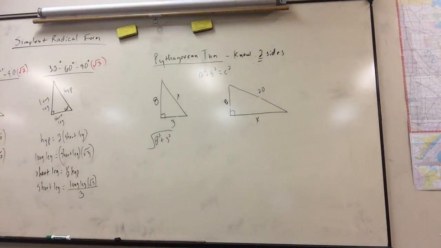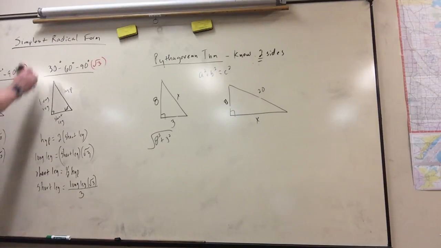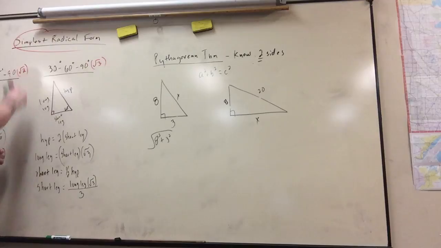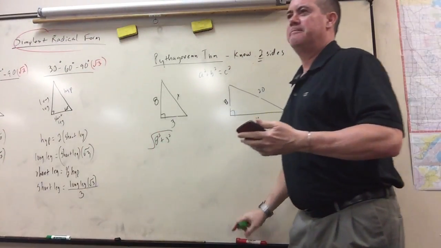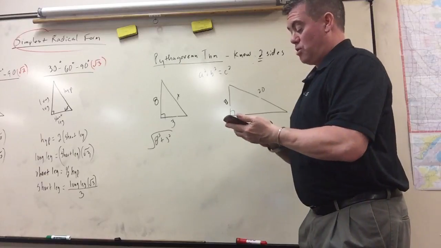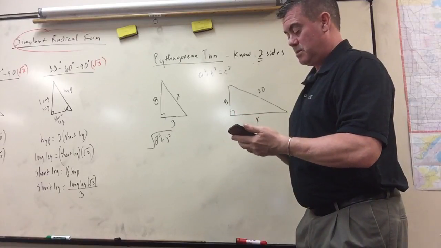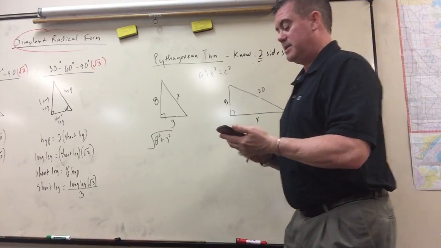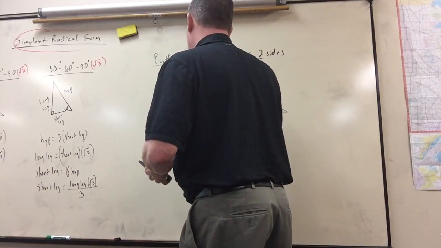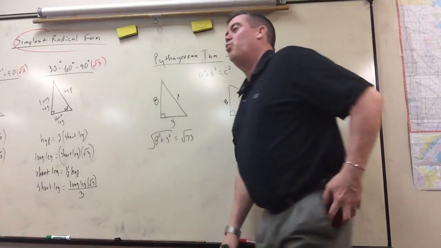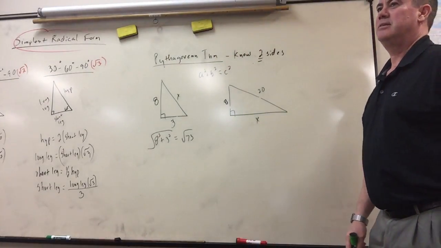Now, the difference with these is now on this one, we've got to leave it in simplest radical form. When we did these before, we just punched them in and rounded to the nearest tenth. So 8 squared plus 3 squared is 73. Will that simplify?